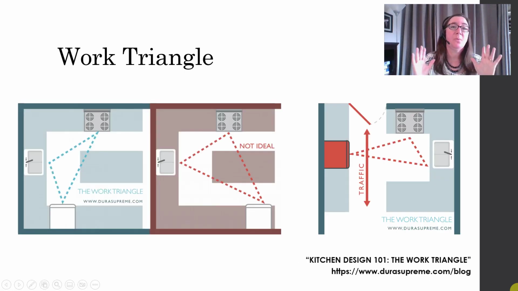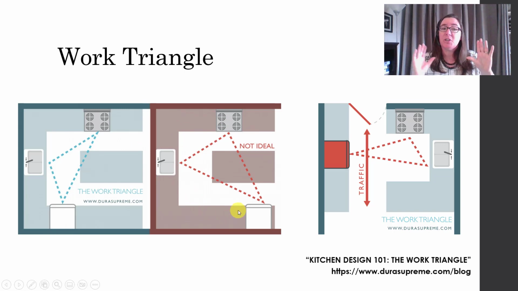Here's one more slide with some illustrations of those rules we just talked about. On the left, let's take a look. We've got a work triangle right here, and you can see that it intersects the island a little bit. We're less than that 24 inches. That one's okay. On the right-hand side, look at this.